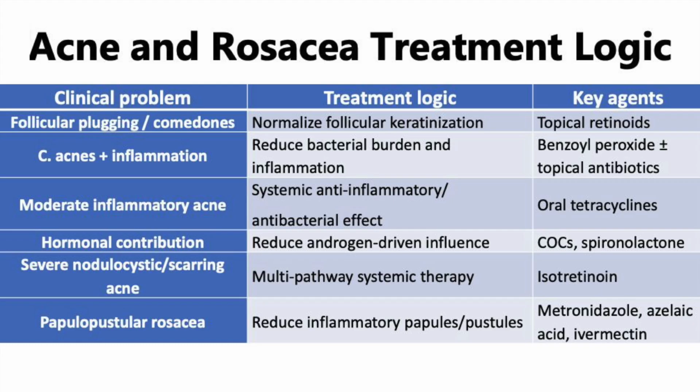Rosacea is different because it does not feature comedones. So papulopustular rosacea is treated with agents such as topical metronidazole, azelaic acid, or ivermectin. The basic sequence is retinoids for plugging, benzoyl peroxide for bacteria, tetracyclines for moderate inflammation, hormonal therapy for androgen influence, and isotretinoin for severe scarring disease.